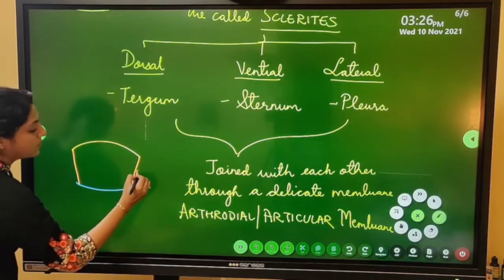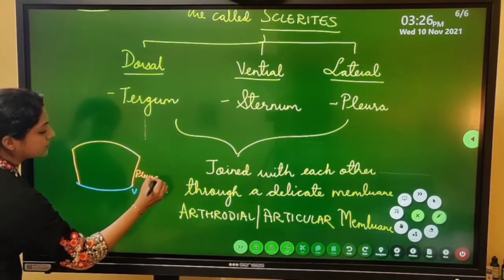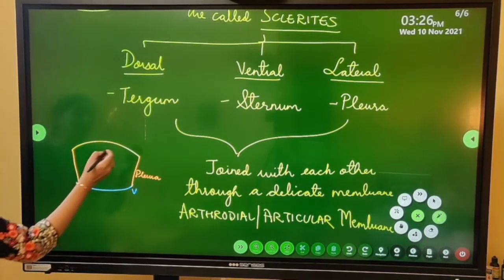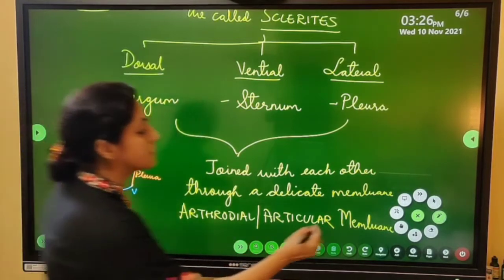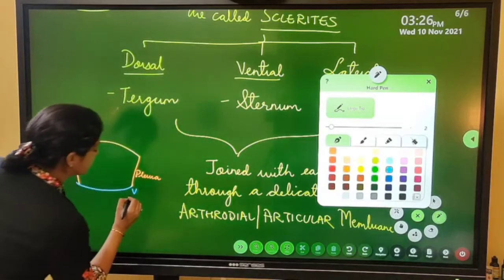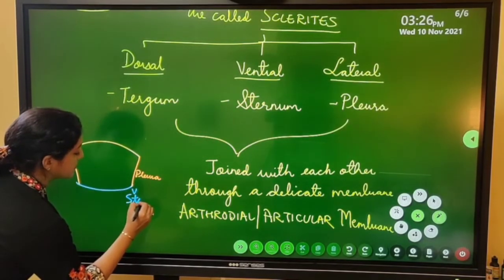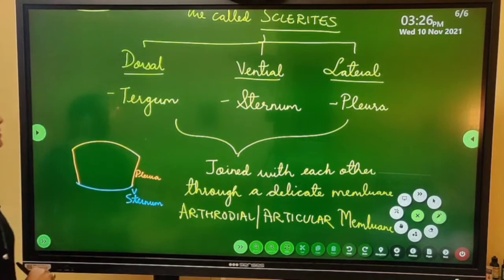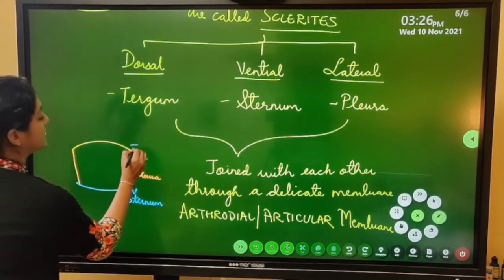So this is pleura. Here you will have the tergum, sterna. Here you will have the tergum.